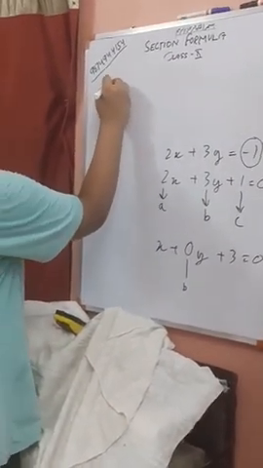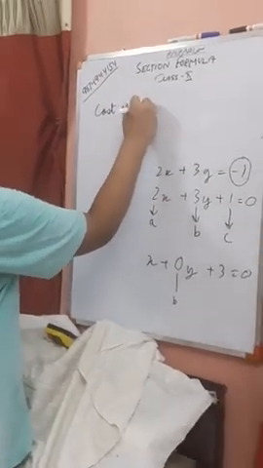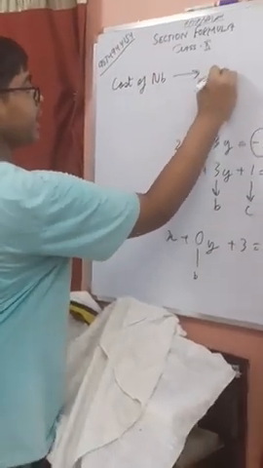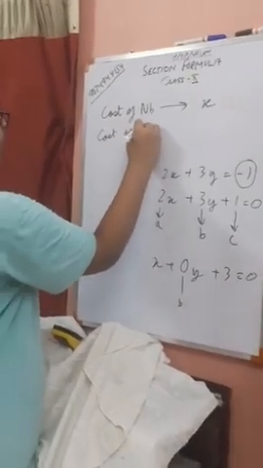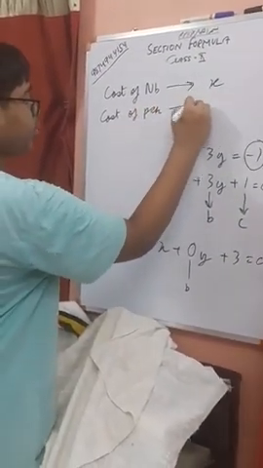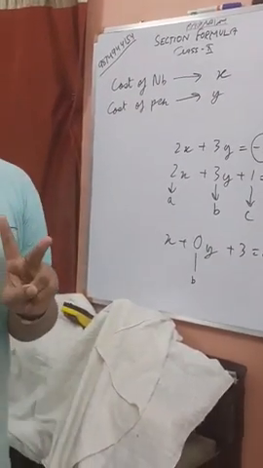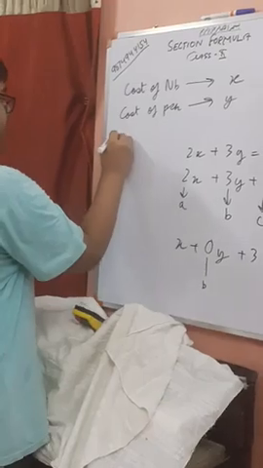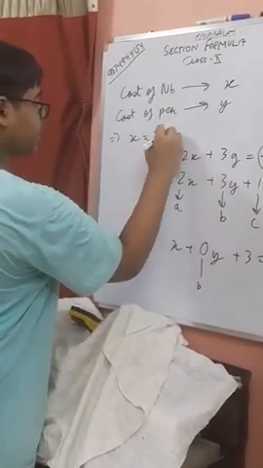let the cost of notebook be x and cost of pen be y. It is telling us that the cost of notebook is twice the cost of pen. Therefore, we will write it as x is equal to twice the cost of pen, that is y.